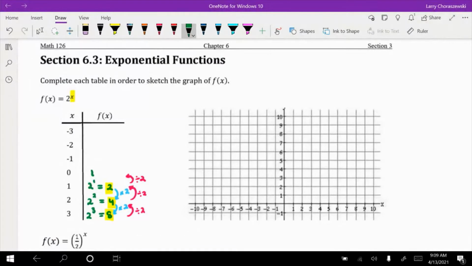We could also continue with division by 2 to get the y values for when x is negative. So when x is -1, we could take 1 and divide it by 2 to get 1/2.